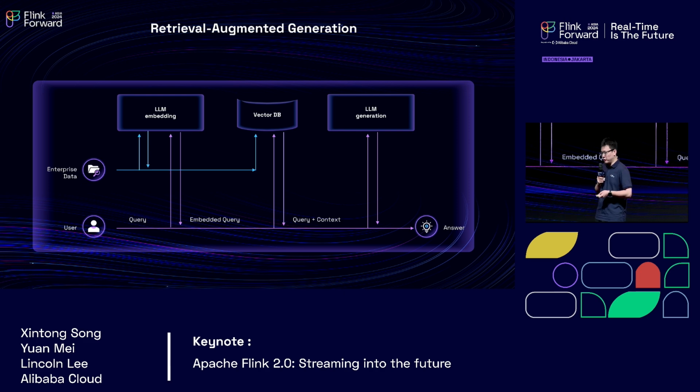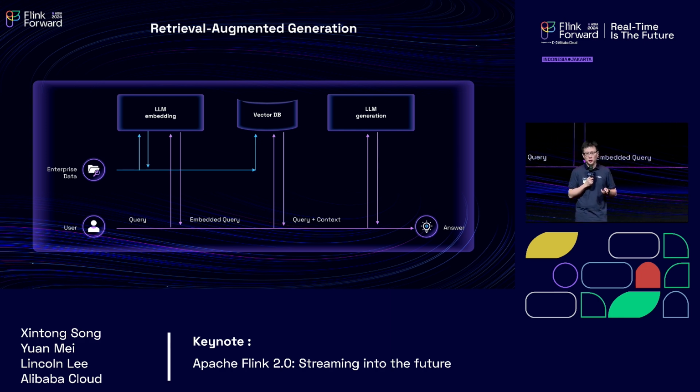This is a simplified version of the RAG architecture. And we know that the idea of RAG is to leverage some kind of knowledge base, for example, some internal data of an enterprise, or maybe some domain-specific knowledge. So RAG leverages such a knowledge base to assist the large language model for content generation.